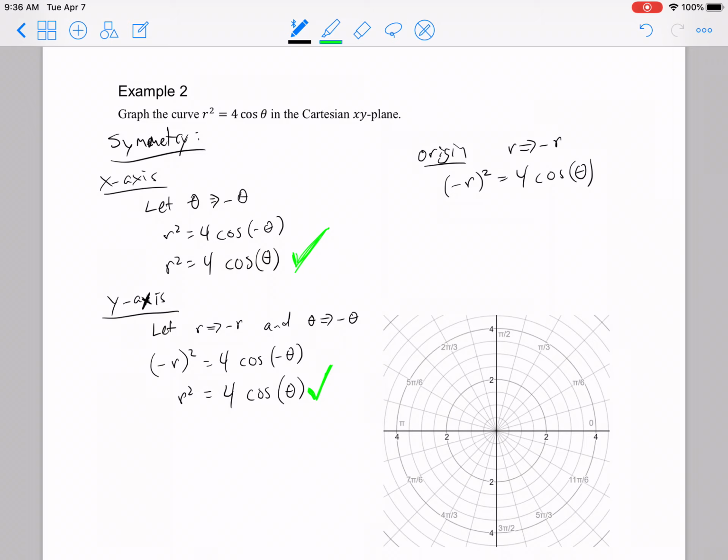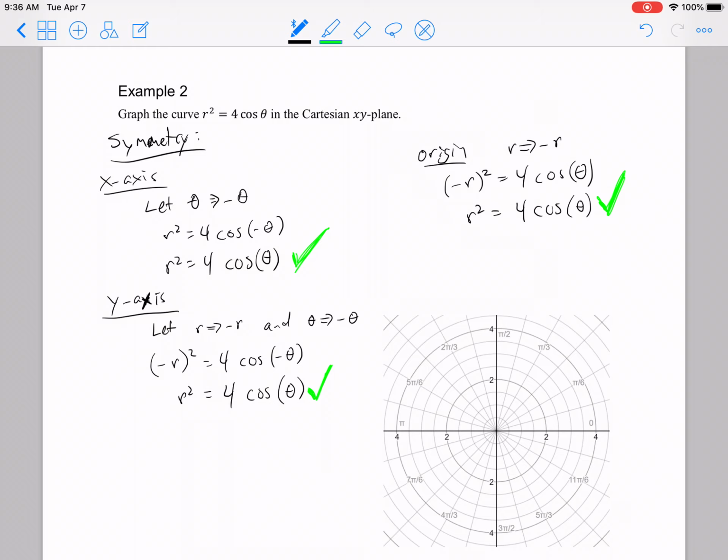And again, that negative r times negative r is r squared, which is 4 cosine theta. And so this one passes as well. So we have all three types of symmetries. And the question I want you to ask yourselves is, if it passes the first two symmetries, will it always pass the origin symmetry? So think about that one.